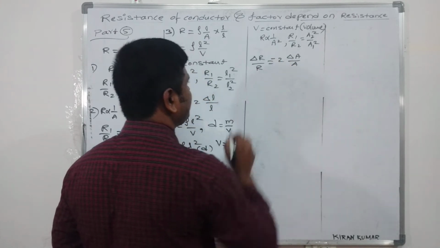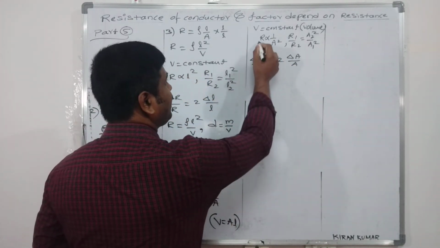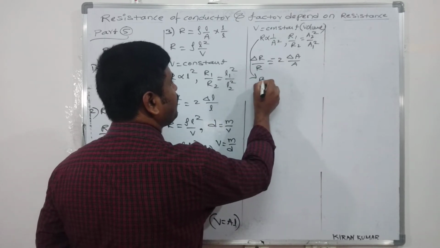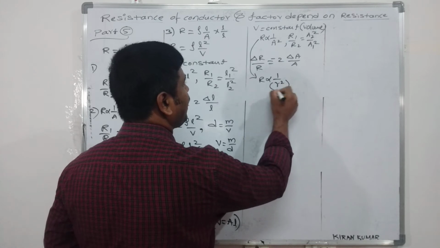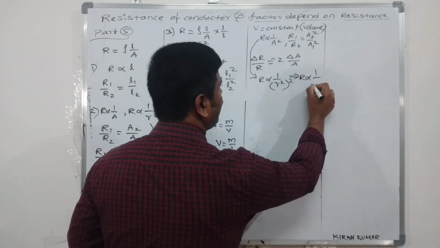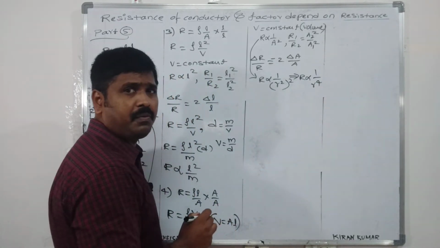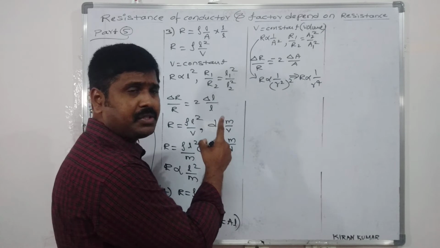So minus will come here. From this formula we can write R is inversely proportional to r square whole square, that is R inversely proportional to r to the power of 4. Try to understand the relation step by step.